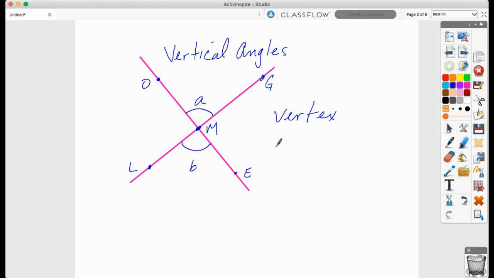So we could say angle OMG and angle LME are vertical angles.